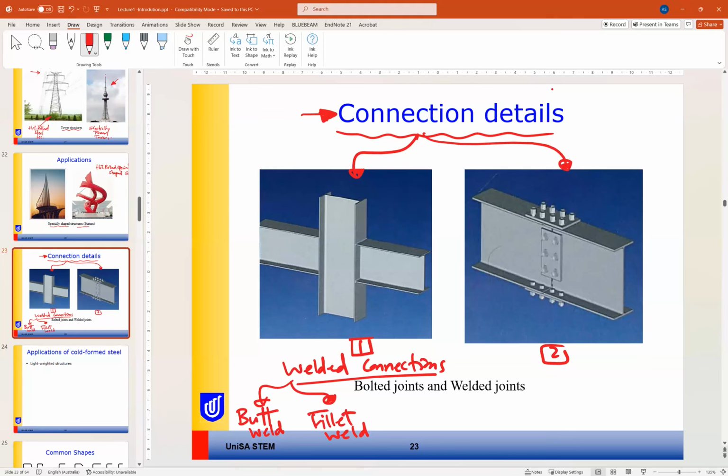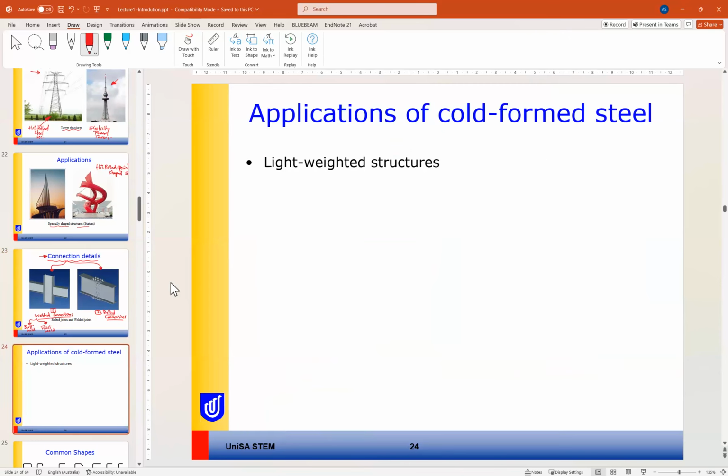The other type of connection is using bolts. So we have bolted connections. Okay, so these are the two common connection types in hot rolled steel.